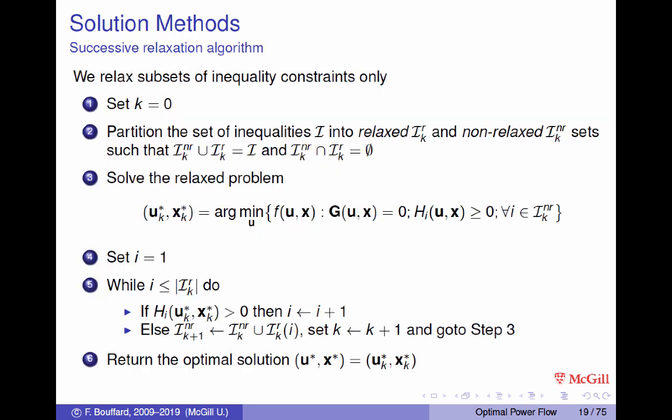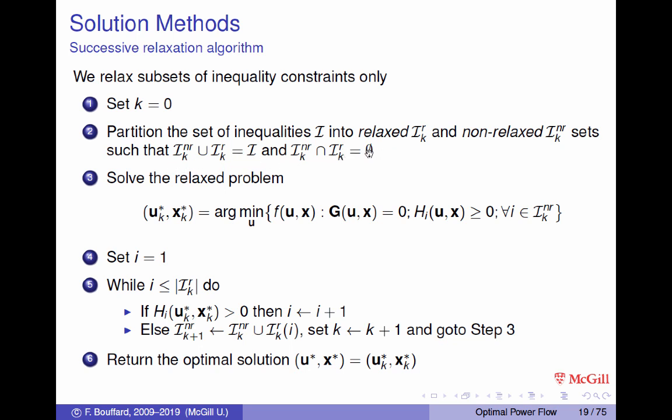So the basic idea of the algorithm is that you relax. Here we're only going to be relaxing inequality constraints. We set the iteration index to 0. We split our set of inequalities I into a relaxed set and a non-relaxed set. The relaxed one will not be considered, whereas the non-relaxed one will be considered, and these two sets have to be mutually exclusive.